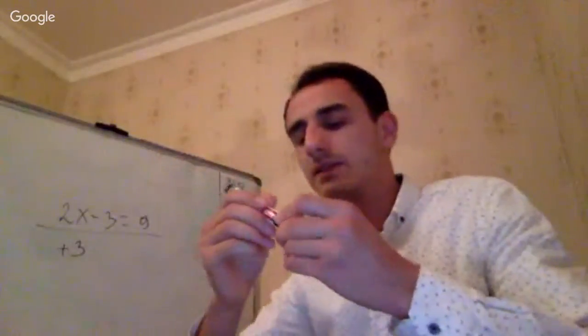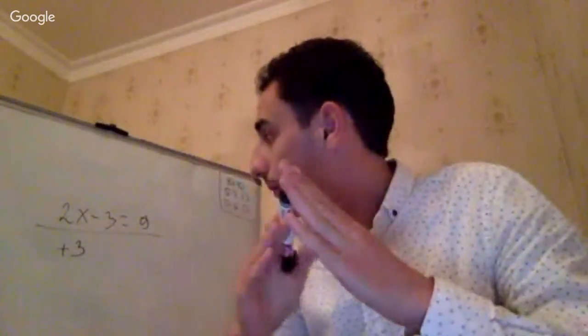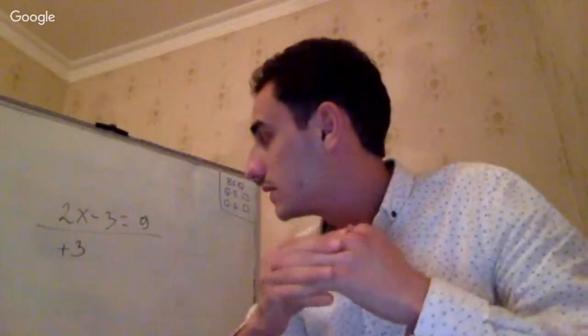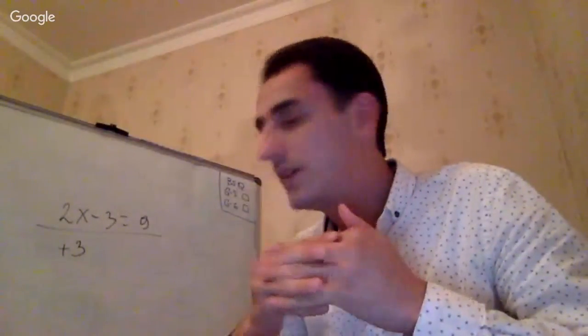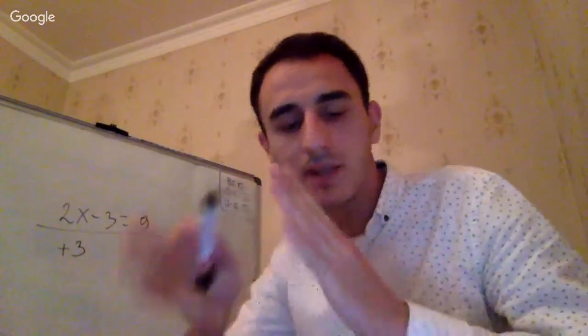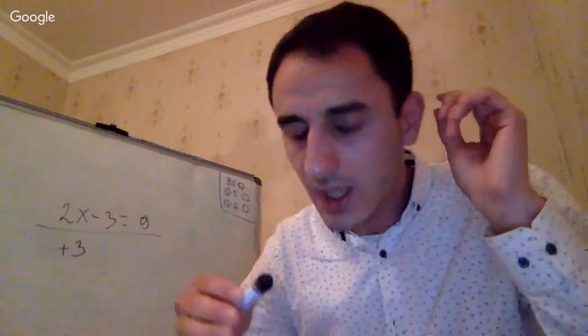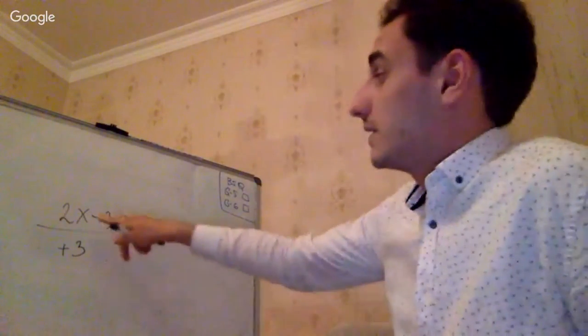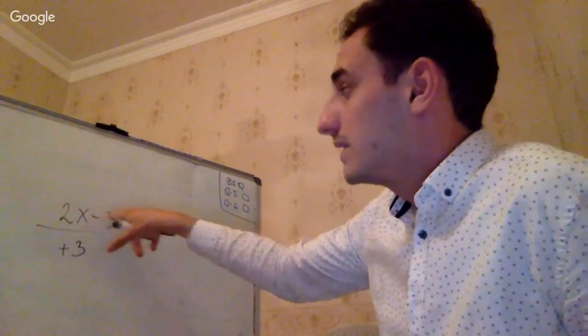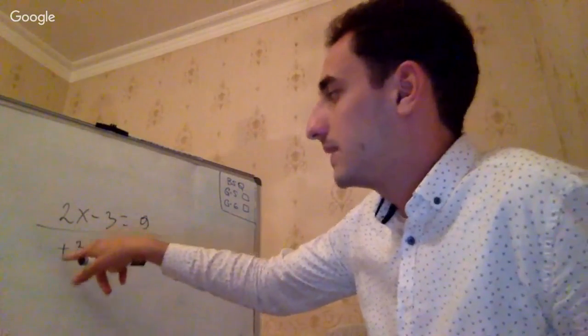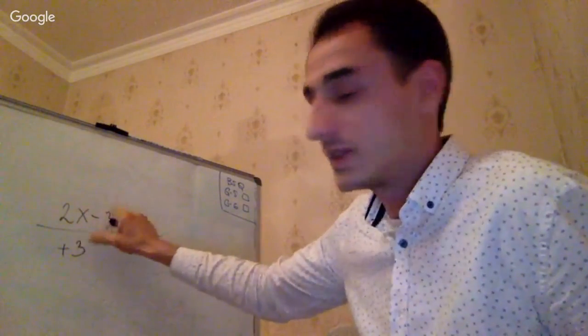By the way, guys, please remember that for leaving x alone by itself, I always do some addition, subtraction, multiplication, or division, which are basically inverse operations. As you see, this is minus 3, and I have written positive 3 here, and they are inverses of each other.